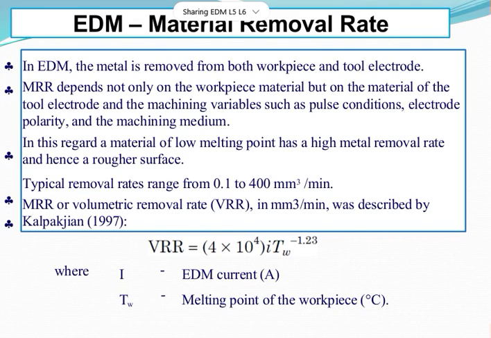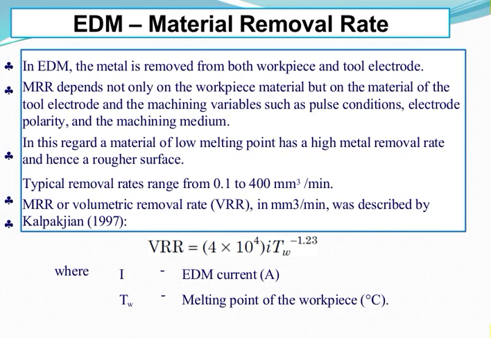Now we are talking about the EDM material removal rate, where you can see that in EDM, metal is removed from both the workpiece and the tool electrode. The MRR depends not only on the workpiece material but also on the material of the tool electrode. The machining variables such as pulse condition, electrode polarity and the machining medium are all interrelated.